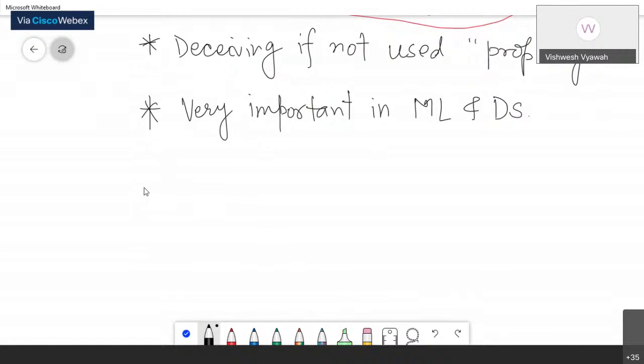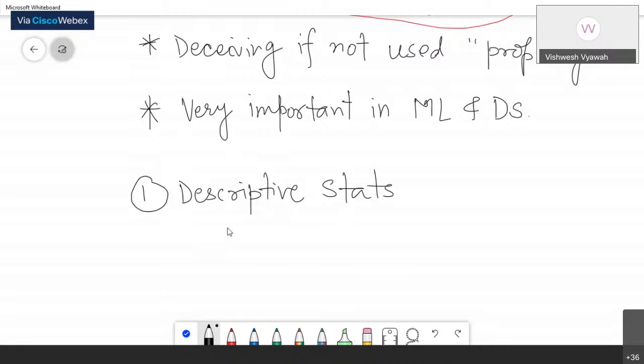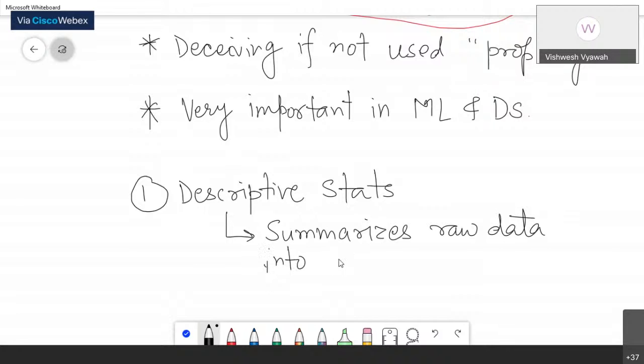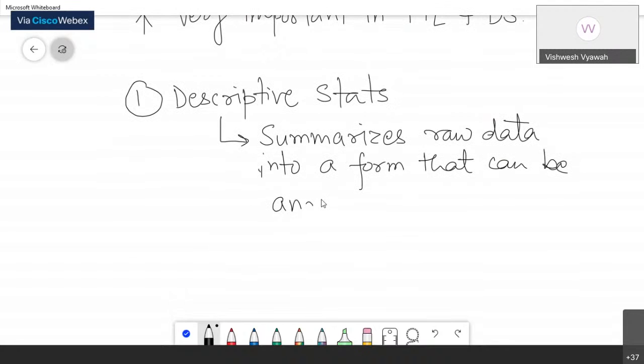Okay, we will slightly move ahead. So as we all know, there are two parts. One is descriptive stats. So what does this do?